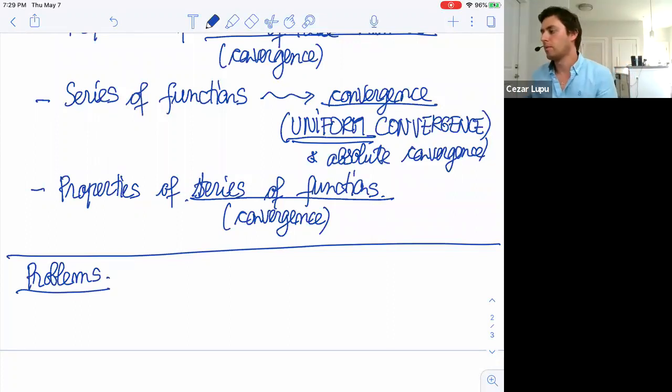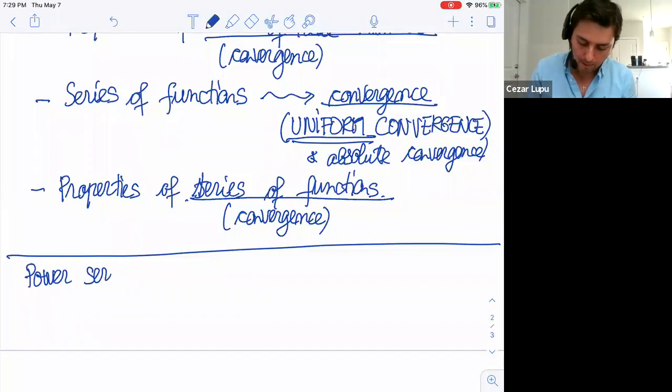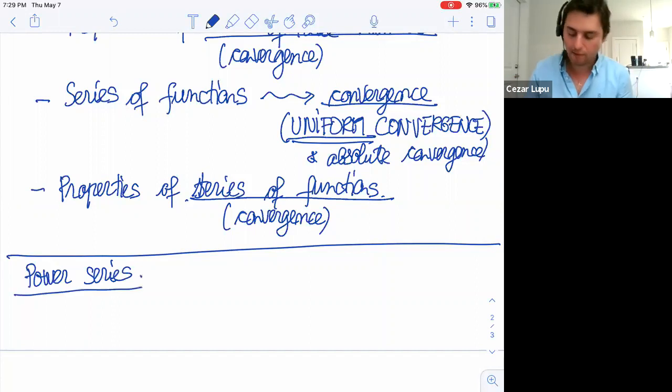But before we do this, I want to talk just a little bit about power series, because I feel like I haven't covered enough in class. I just said a few things about the definition and so on.